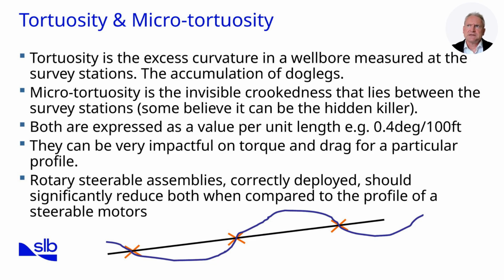Rotary steerable systems, when properly deployed, can mitigate both tortuosity and microtortuosity, producing smoother wellbores compared with conventional steerable motors. High tortuosity increases the risk of stuck pipe, poor hole cleaning, and reduced life of downhole equipment. Therefore, managing tortuosity is essential not only for drilling efficiency, but also for future completion and production operations.